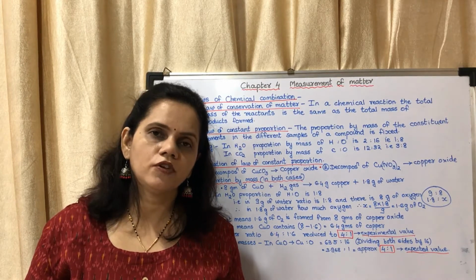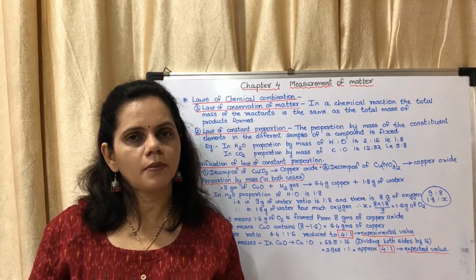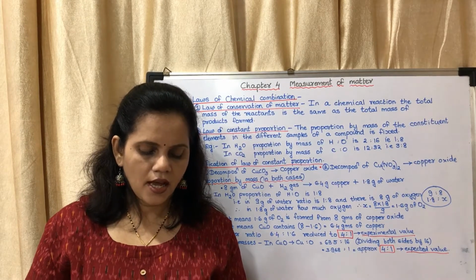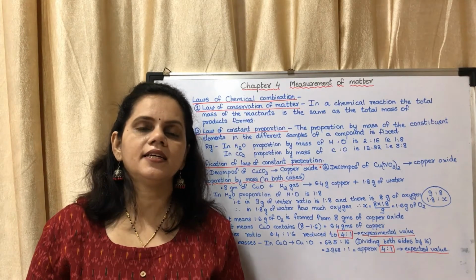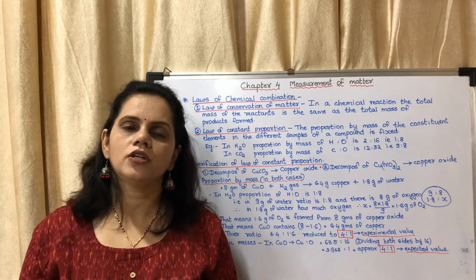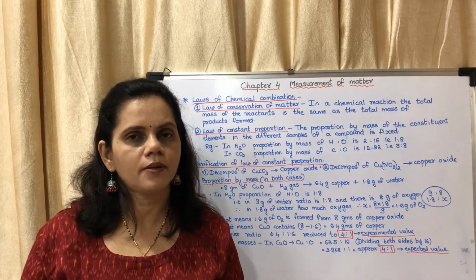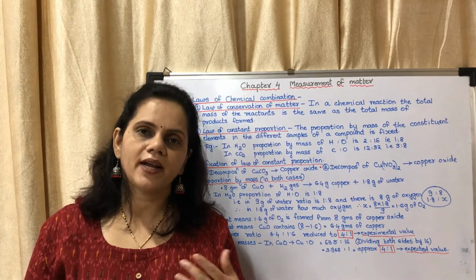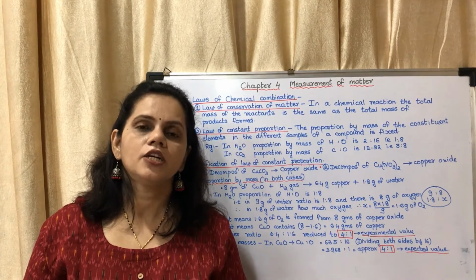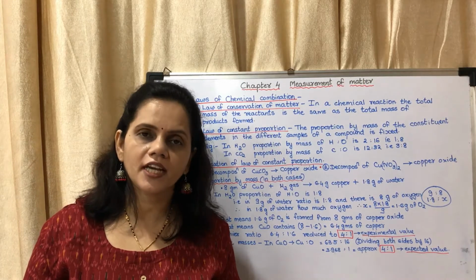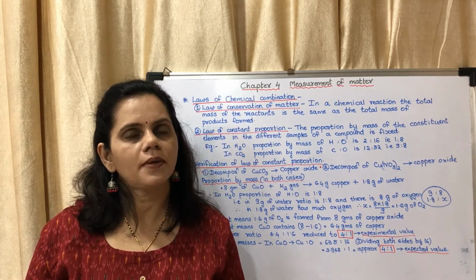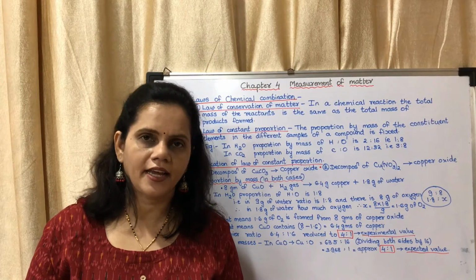Total mass before reaction is equal to total mass after reaction, and matter is neither gained nor lost during the chemical reaction. So basically what you have to understand from that activity is that the total mass of matter before reaction is equal to the total mass of matter after reaction.